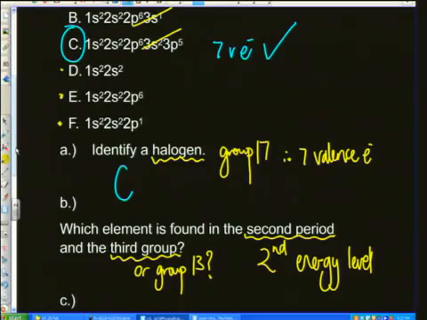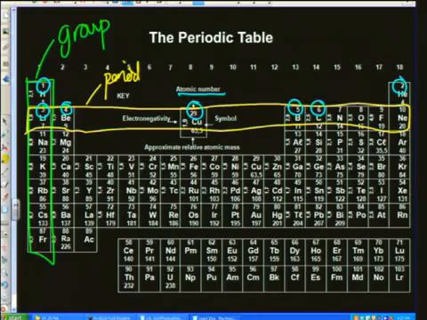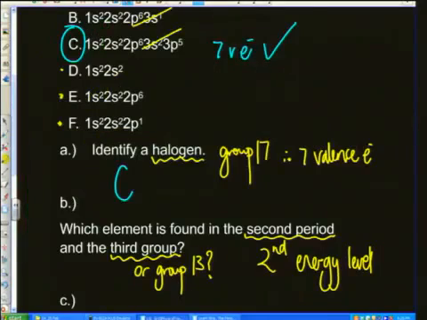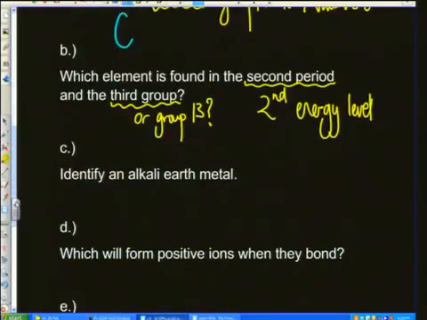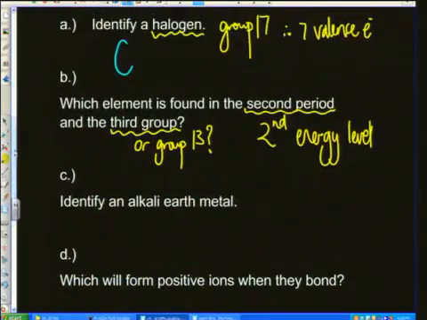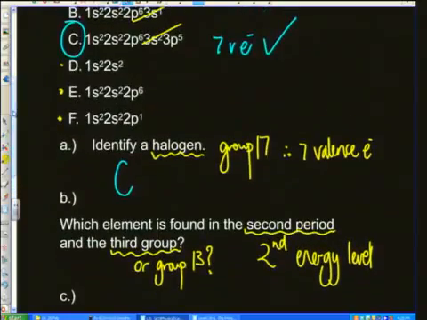1s2, 2s2, which means it would fit in 1s2, 2s1, etc. Let's keep going. It would be the third group. It would have to be fitting in with 3 valence electrons.